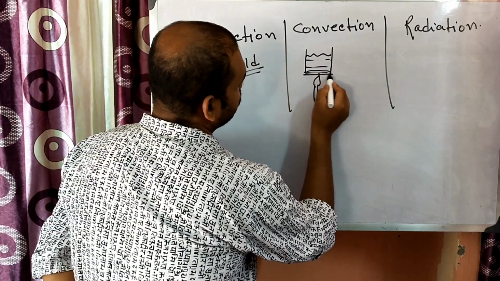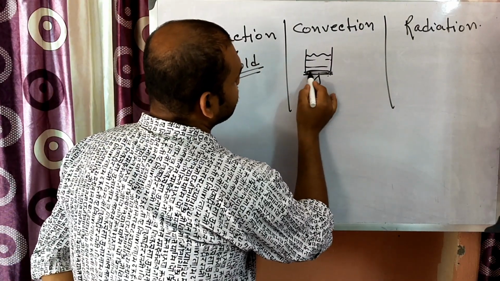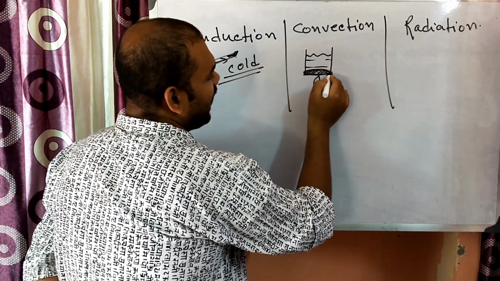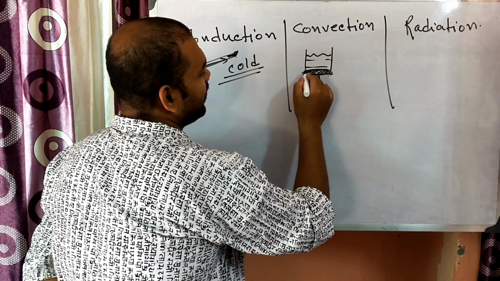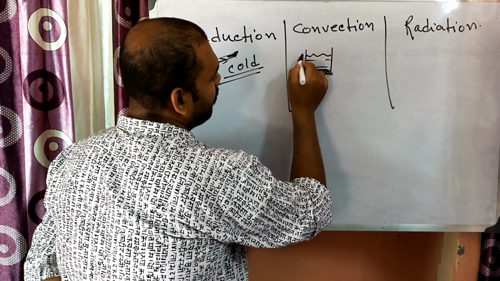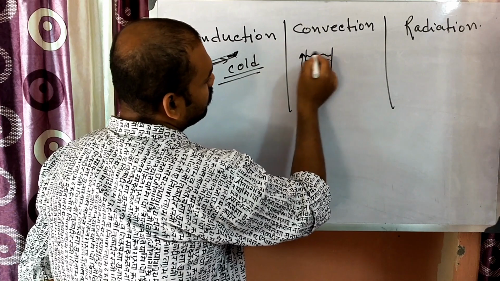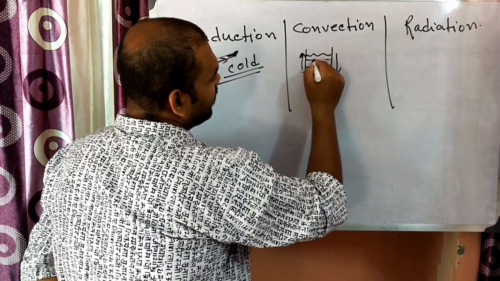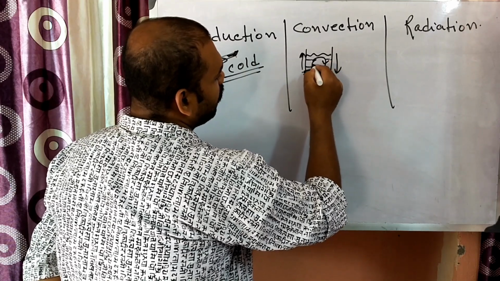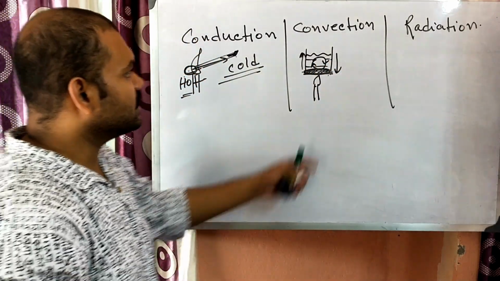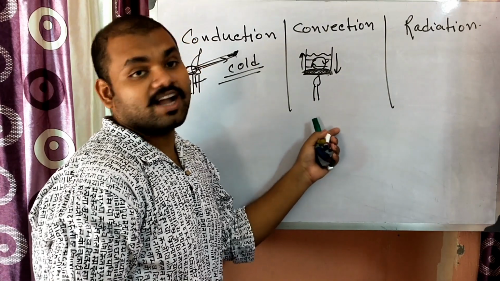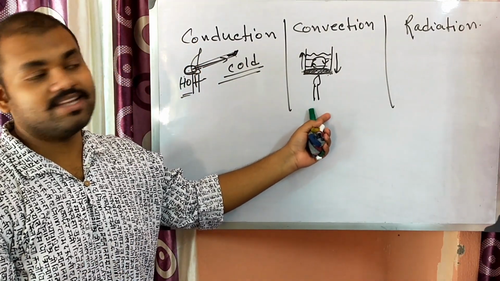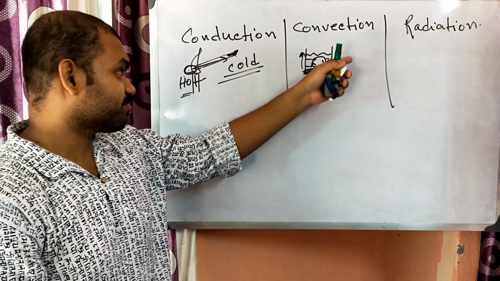This portion which is on the fire takes the heat and becomes lighter, and as this portion becomes lighter, it will go up, and the heavier cold portion will come down. So there is a circular motion of water created. So this is how a convection current is created, and in case of sea breeze and land breeze, you will see this kind of convection current.